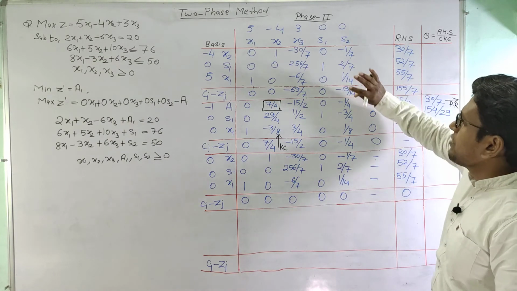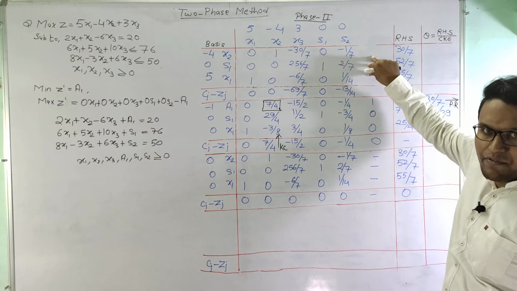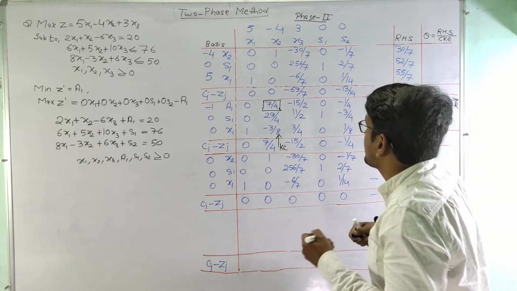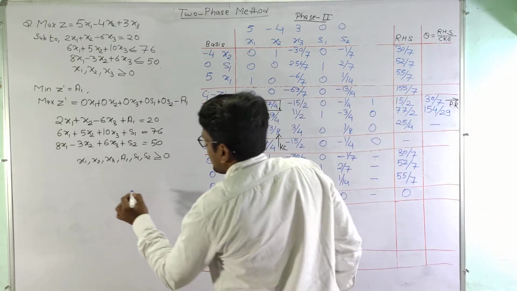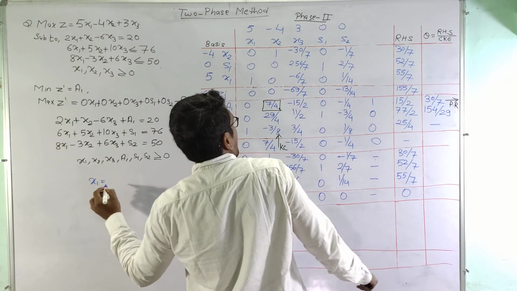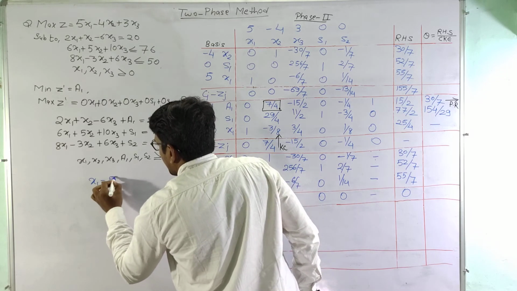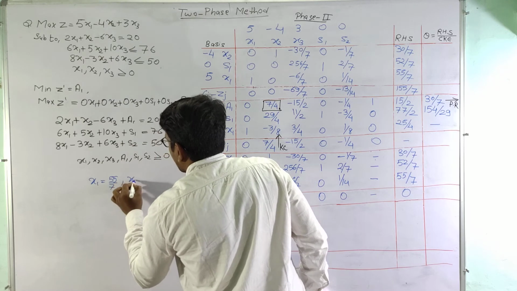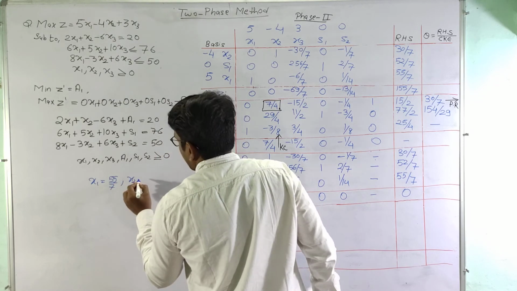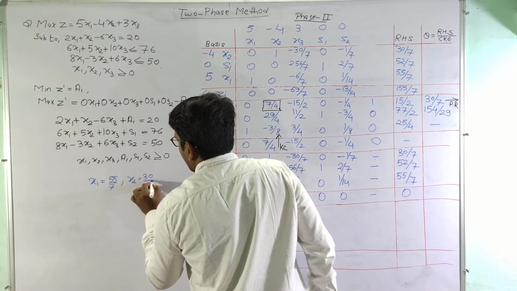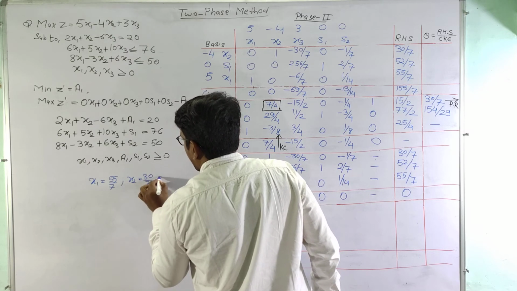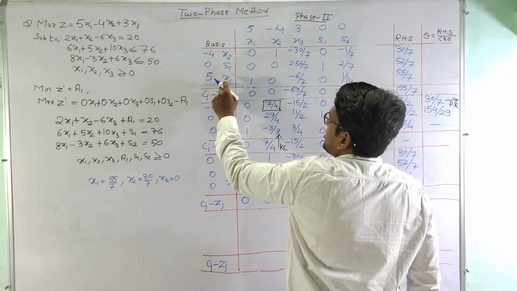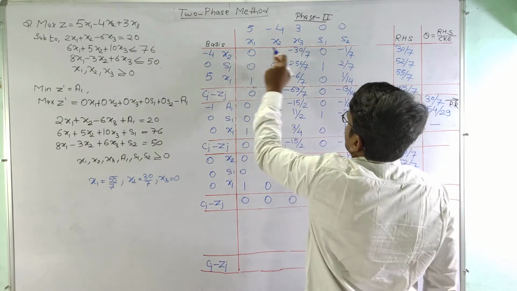This shows that we have got our final optimal solution, and according to this solution, the value of x1 is coming as 55 by 7, x2 is coming as 30 by 7, and x3 is coming as 0 because x3 does not appear in the final solution.